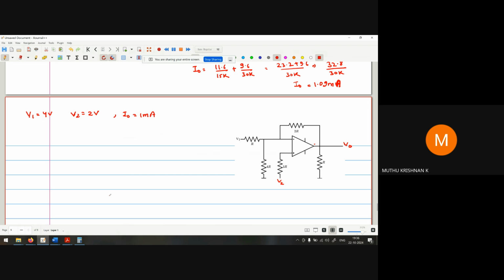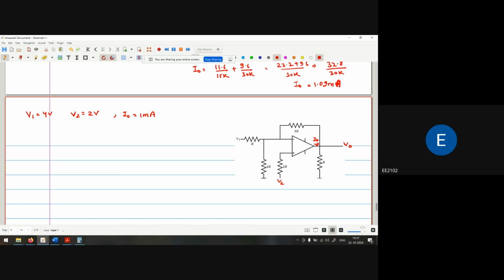No, sir, not yet. I just shared it on WhatsApp. I noticed 1 milliampere, so I have to share this one. Okay, so V1 is 4 volts and V2 is 2 volts.